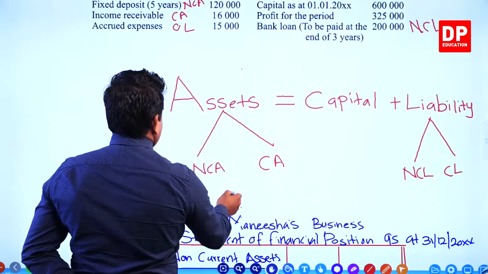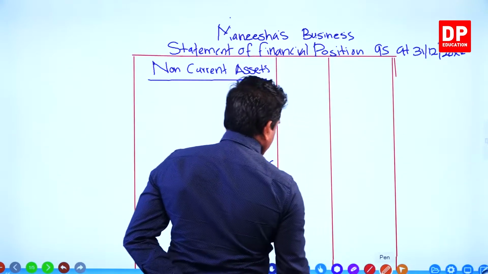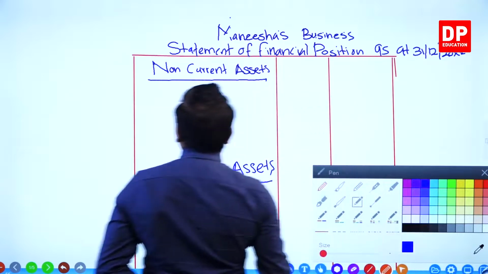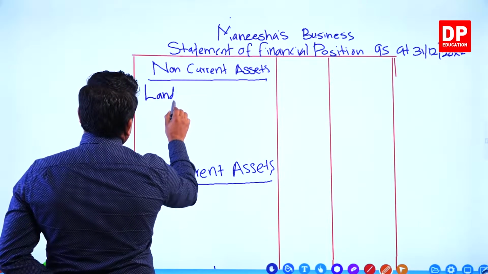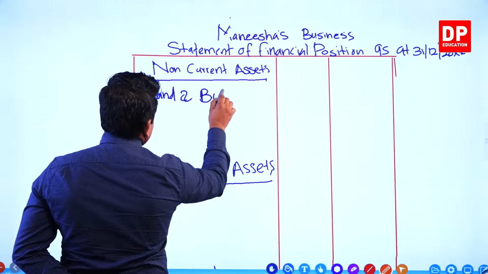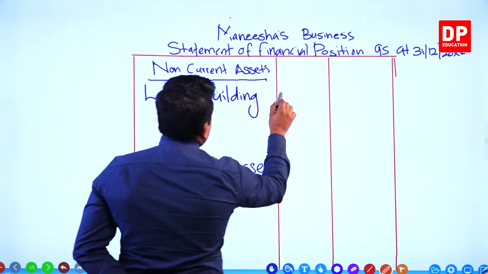Land and building we put here. How much? 280,000.